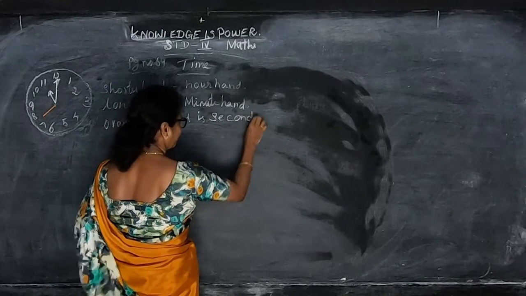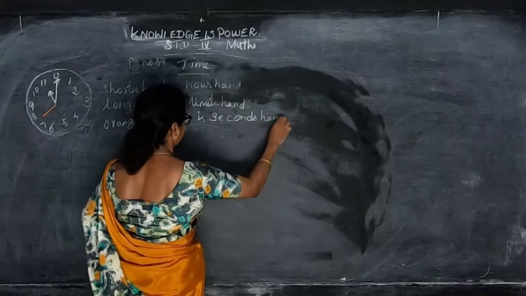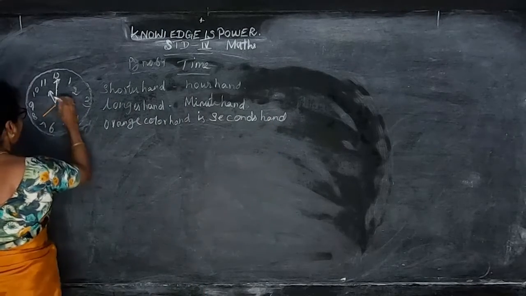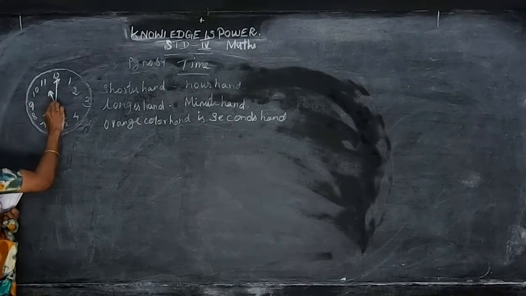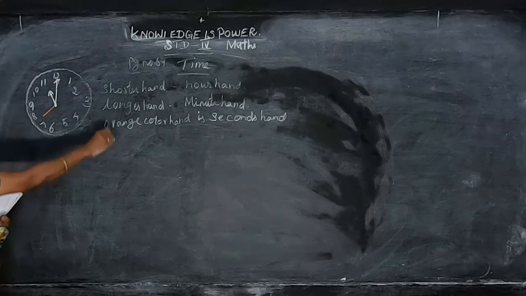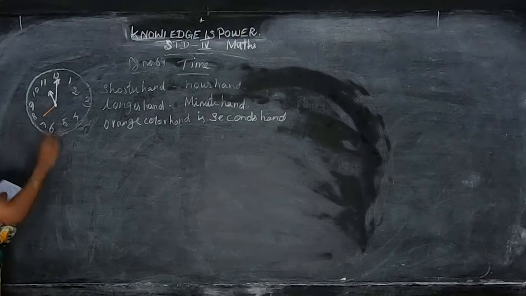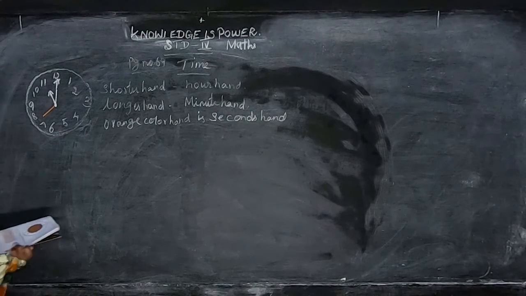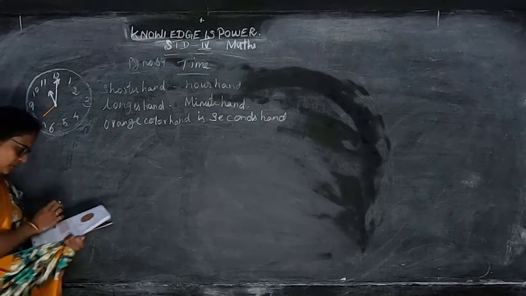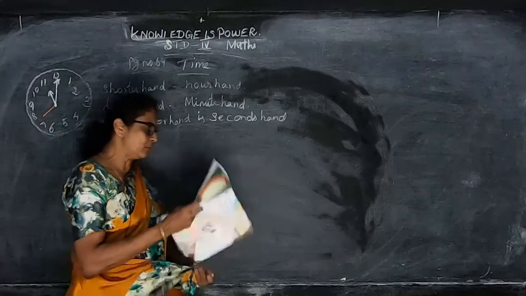Okay. So this is the shorter hand, the hours hand, and the longer hand is the minute hand, and this orange color hand is the seconds hand. So you can draw a clock and you can say the time also.